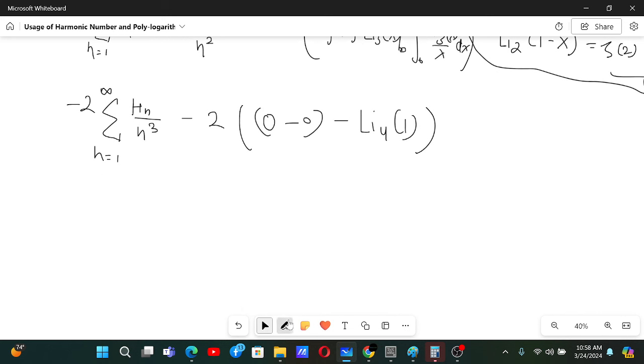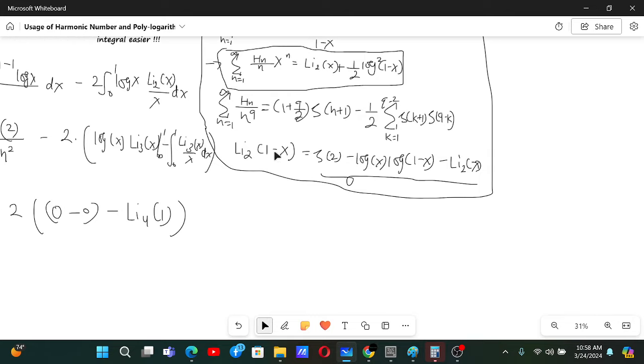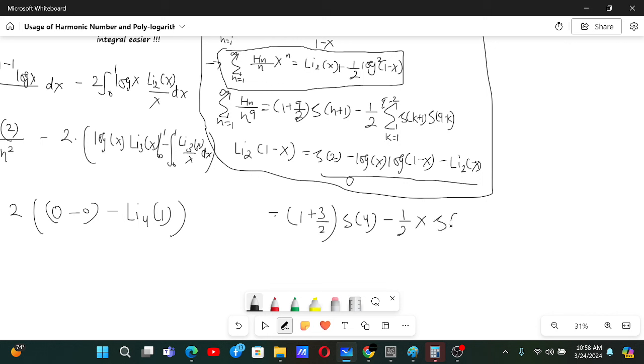And now to evaluate this, we can use the classical Euler sum formula. If you put q equals 3 over here, you get 1 plus 3 by 2 zeta 4 minus, from k equals 1 to 1 itself, 1 by 2, and then this is zeta of 2, zeta of 3 minus 1 is 2.